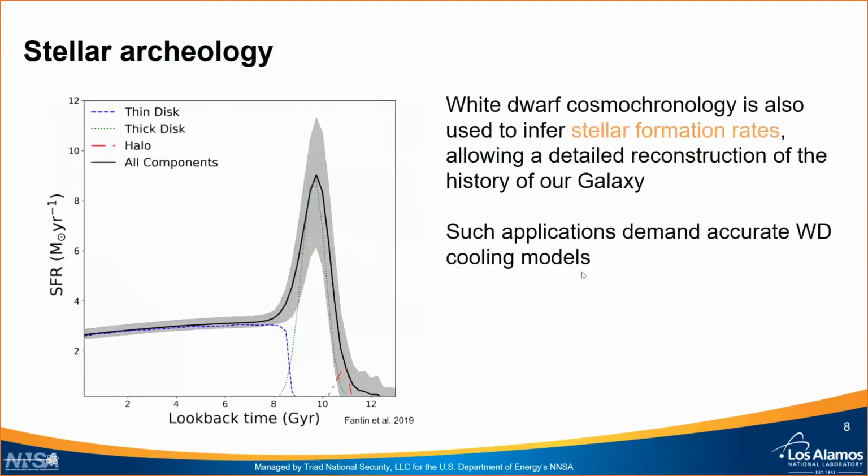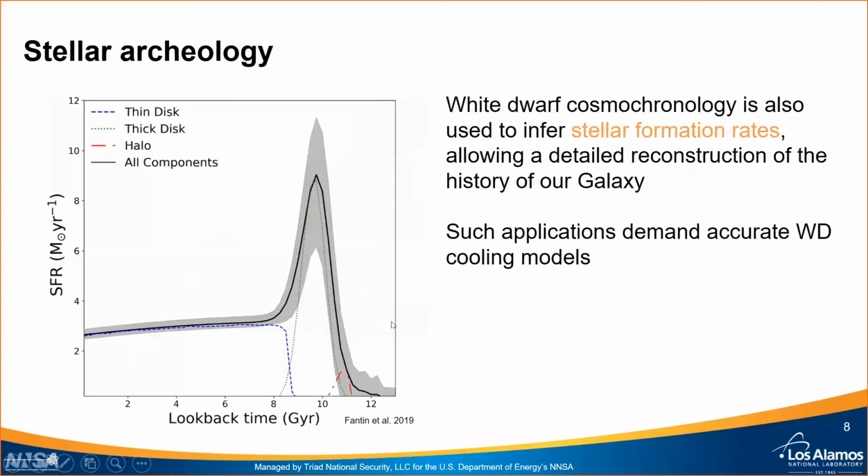More recently, as we are getting more and more observational data and better statistics, people are starting to not just look at the total age of a stellar population, but instead look at its formation history. So here, for instance, I'm showing recent results of the stellar formation rate in different components of our Milky Way.